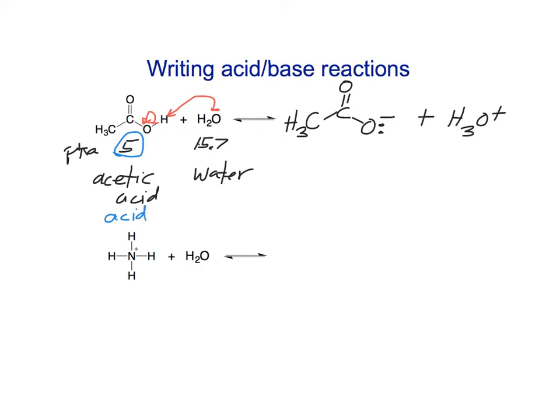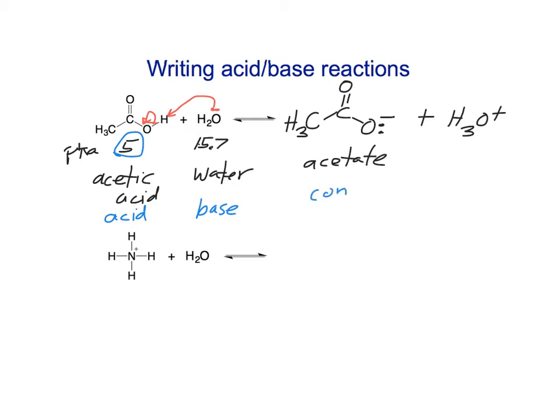So in this reaction, we have acetic acid acting as the acid. Water, what's it behaving as? It's playing the role of the base. This is called acetate. It's the conjugate base of acetic acid.